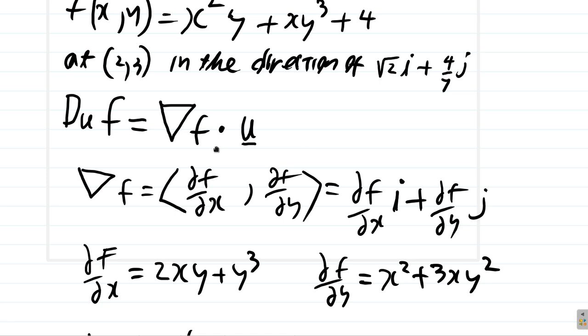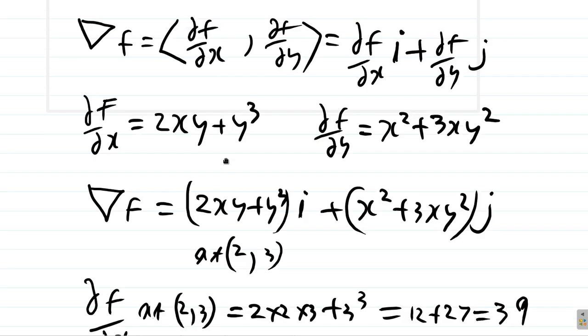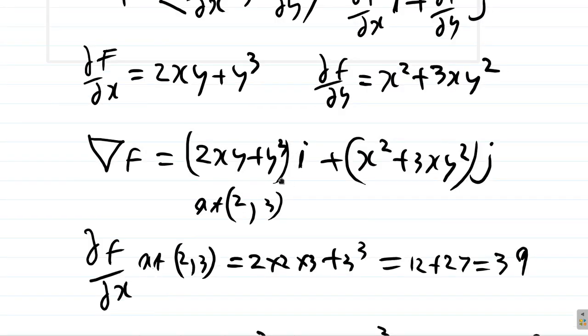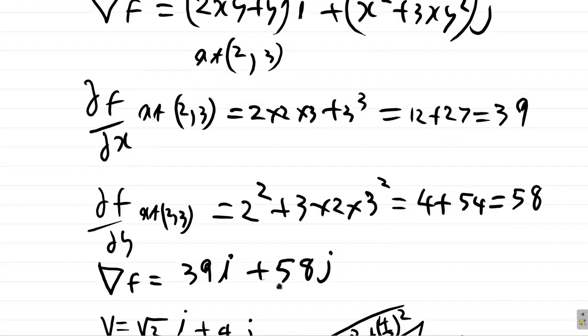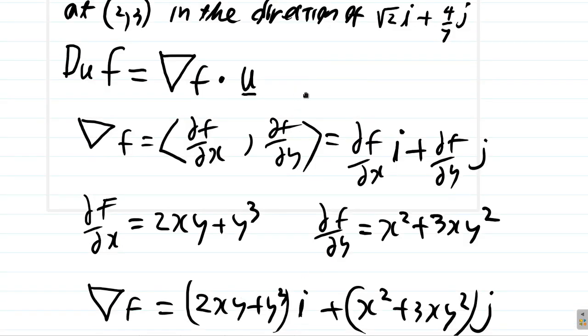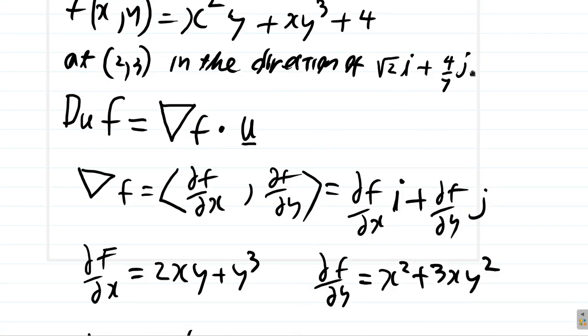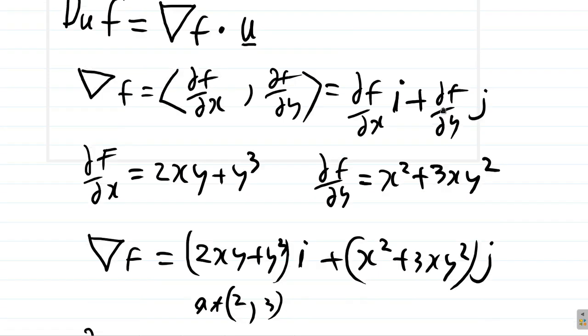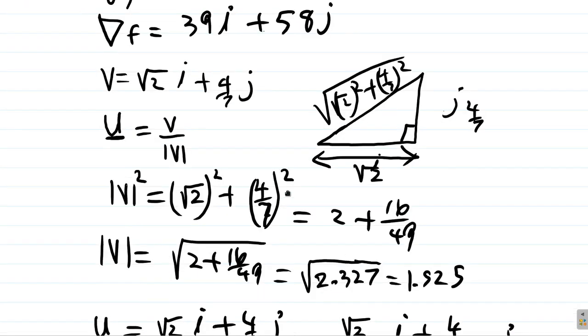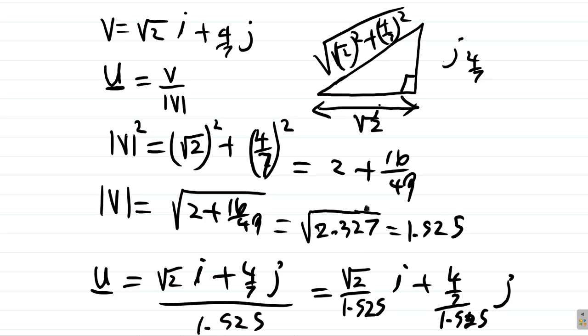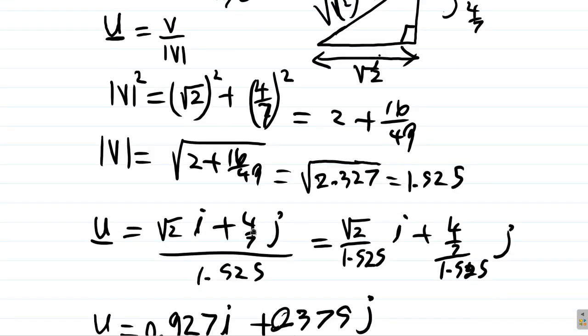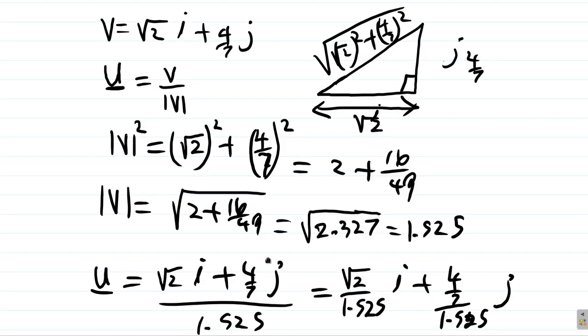Substitute the point that you're given into it. So you would have found the gradient, the vector, upside down triangle. And then you find the unit vector of that vector, in the direction of that vector. So you divide it by its magnitude, find the magnitude and divide by it.